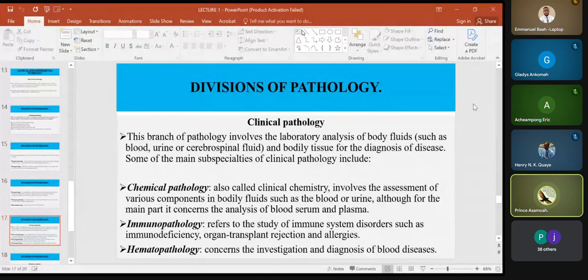You can also do immunopathology, by looking at immunodeficiencies. There are a lot of immunodeficiencies, and then immune hypersensitivities and all of them. So you look at all of them under immunopathology, and that is where we are able to tell someone that, look, although everybody eats mango, or orange, or rice, for you in particular, your body does not understand this particular composition in this food, and that is how come when you eat you get a reaction.